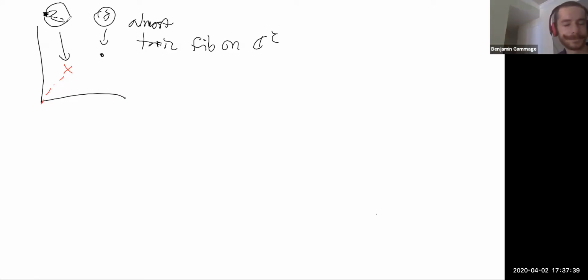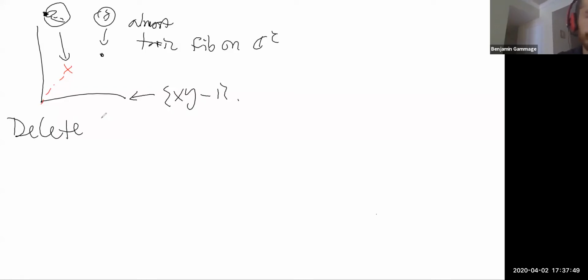And oh yeah, in that fibration, this thing now is a smooth quadric, xy minus 1. So if I delete the boundary on the base, then I'm no longer deleting the toric boundary of C2.